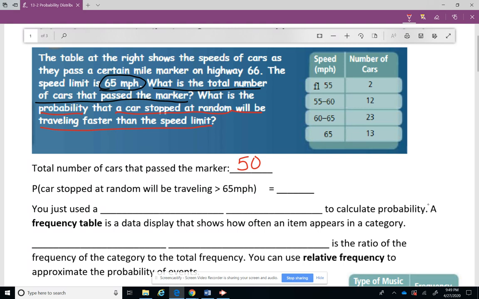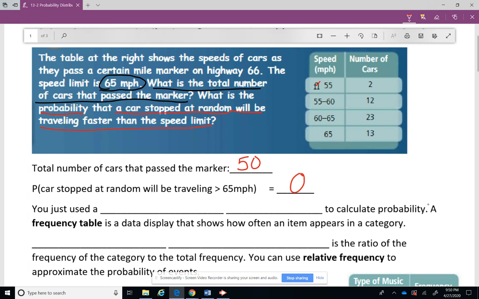Now, the speed limit is 65 miles per hour, right? So the probability that someone is going to be going greater than 65 miles per hour is going to be 0, because I don't see any cars here that are going greater than 65 miles per hour.